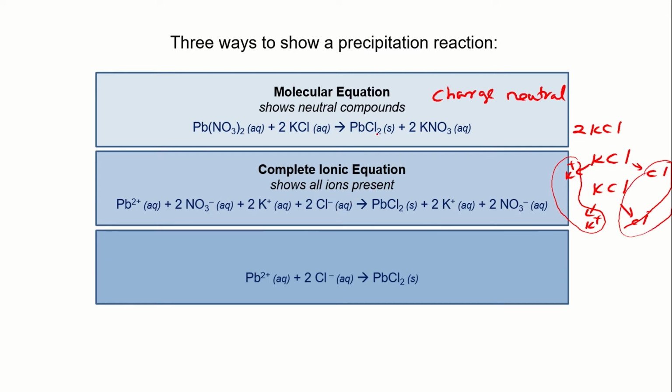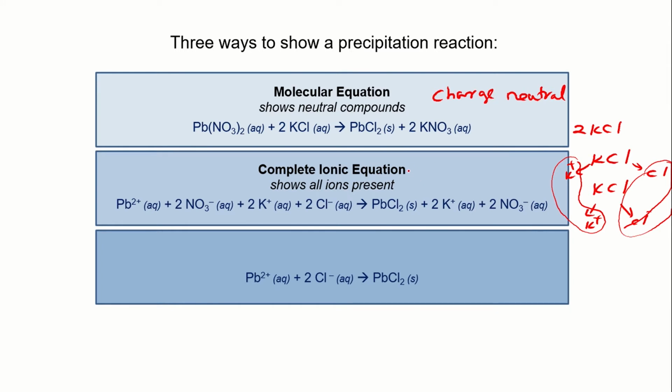And then the next substance we have is lead chloride. You see it's in solid form. So solid means it is not dissolving. Since it does not dissolve, we keep it exactly like that. We cannot break it down into ions. Why? It does not dissolve. So what is shown in the complete ionic equation?